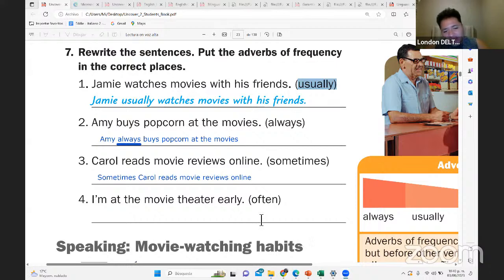Okay, often este siempre va en medio, no lo podemos poner al inicio en ninguna situación. Entonces dirías, I am often at the movie theater early.